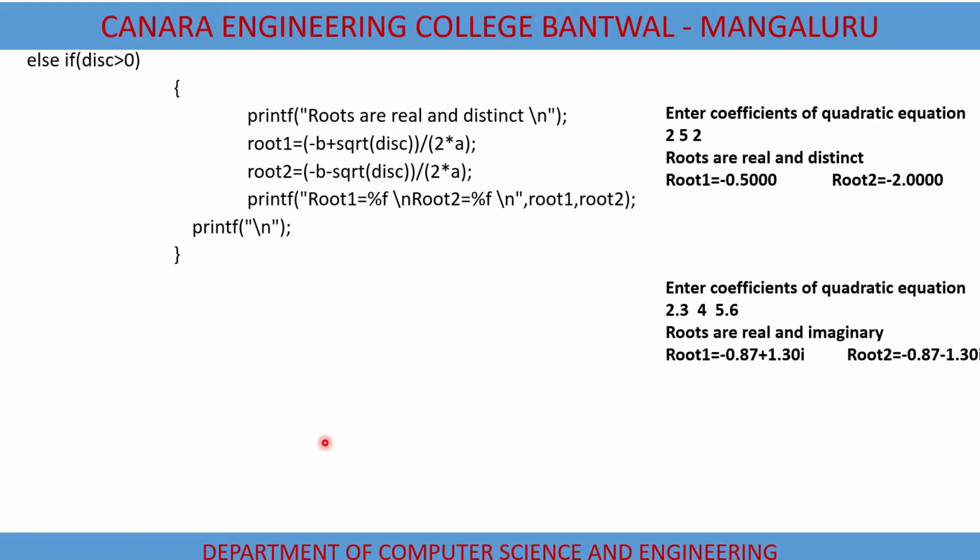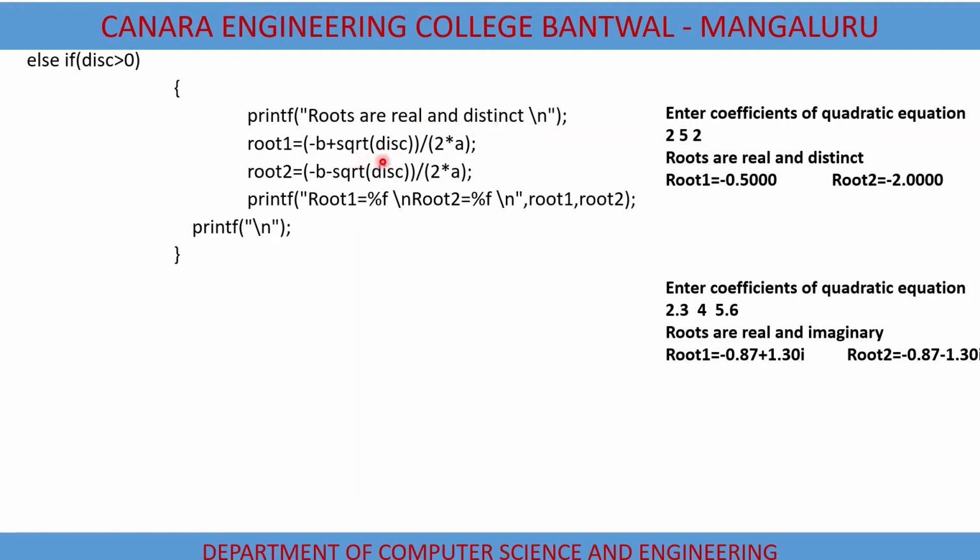If A is equal to 0, that is also false. It goes to the else of that if, and it is going to calculate the discriminant value based on the given values. Based on the discriminant value, it is going to go to the respective condition. In this case the discriminant value is greater than 0 and it is going to print the roots are real and distinct.